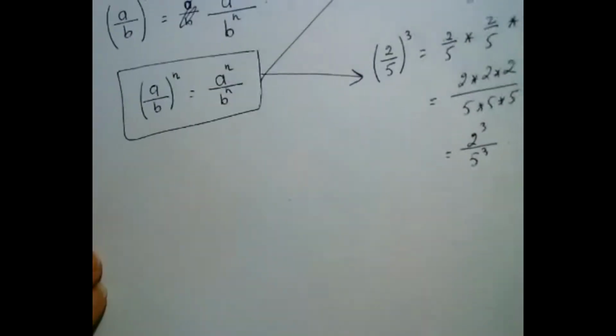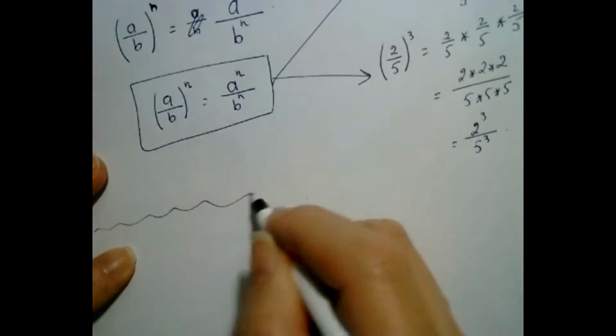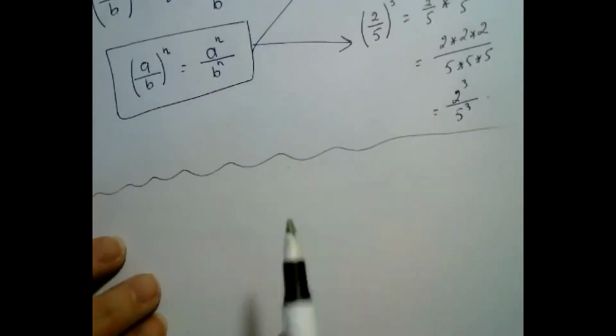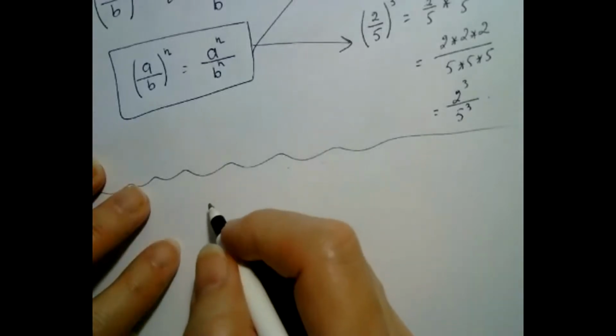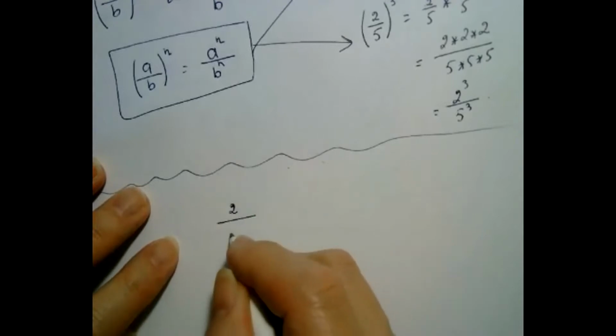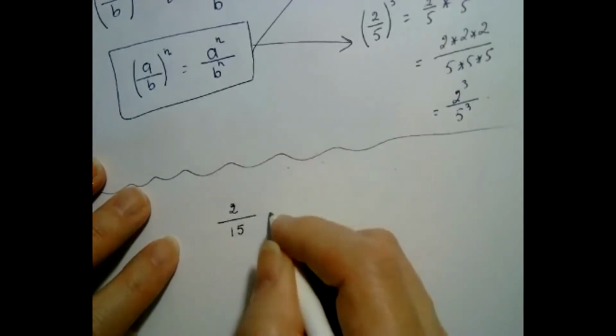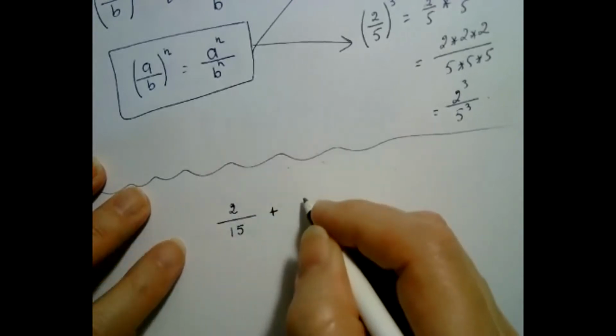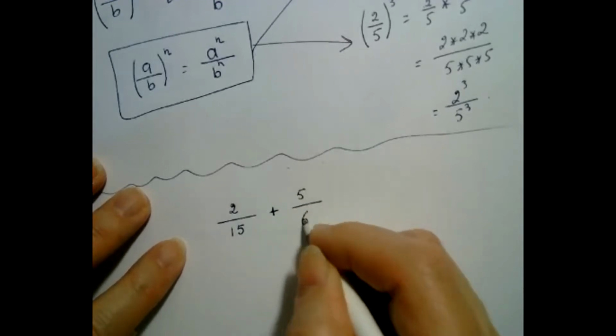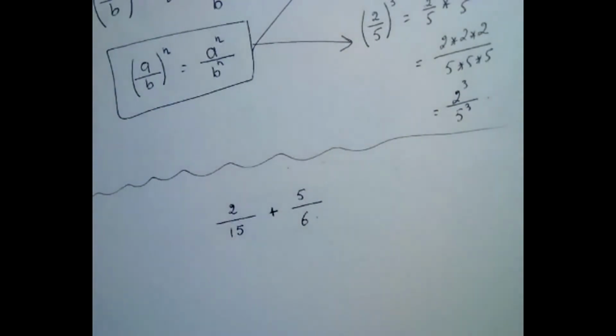Okay, let me do a very small exercise with you just for adding fractions. Suppose I take 2 over 15 and I'm going to add to it 5 over 6. Very simple problem.